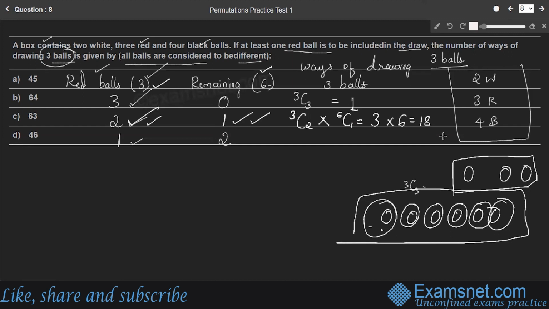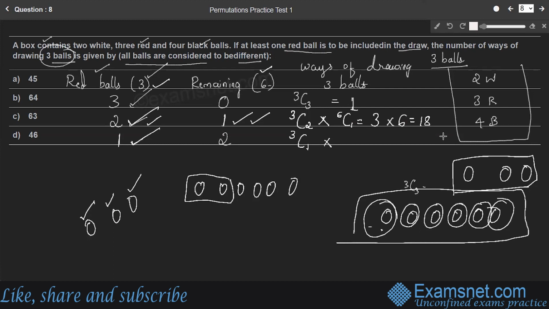And in the third case, if one ball drawn is red, so out of three red balls, we can choose the first ball or second ball or third ball. There are three ways. If you consider the formula, it is 3C1, which is nothing but 3 itself, into, out of 6 balls, 1, 2, 3, 4, 5, 6, we have to choose 2.